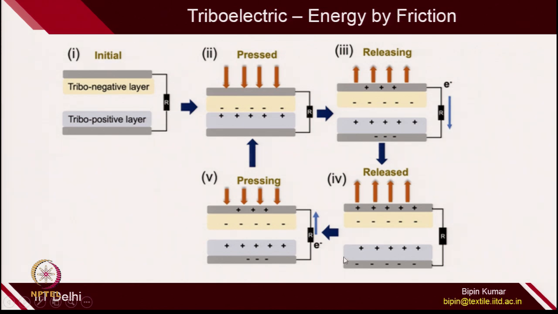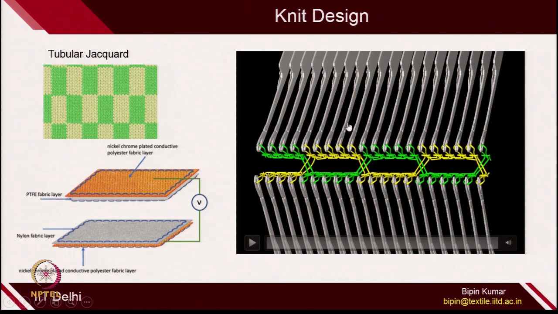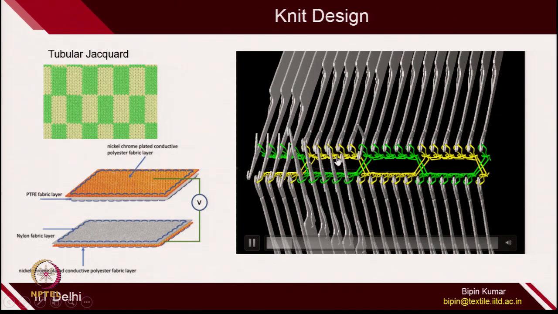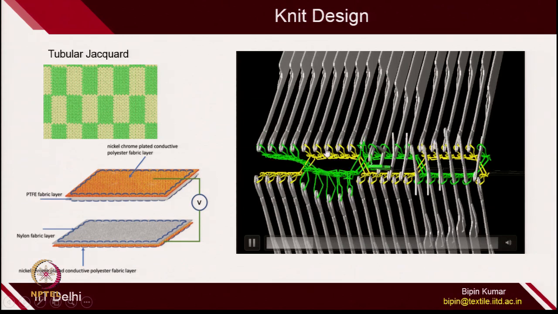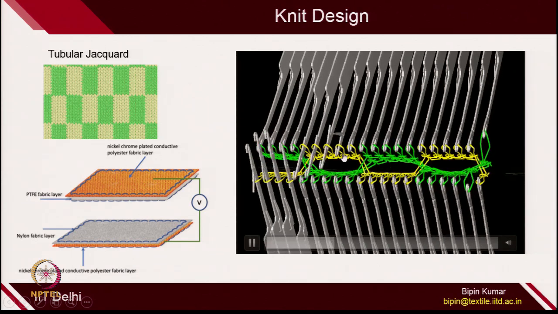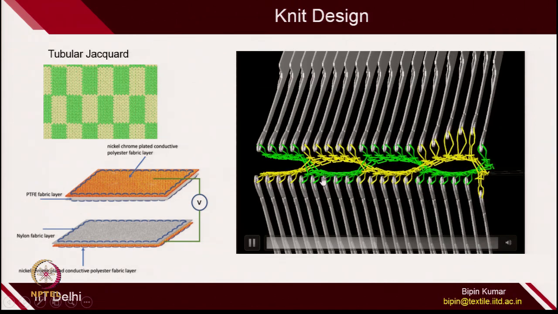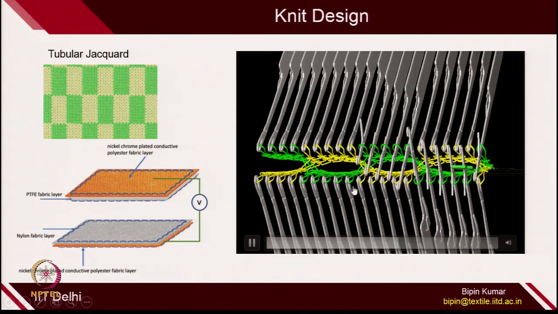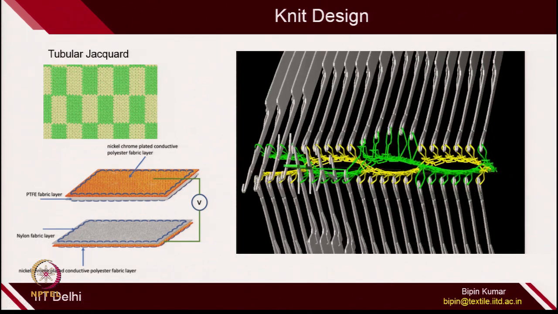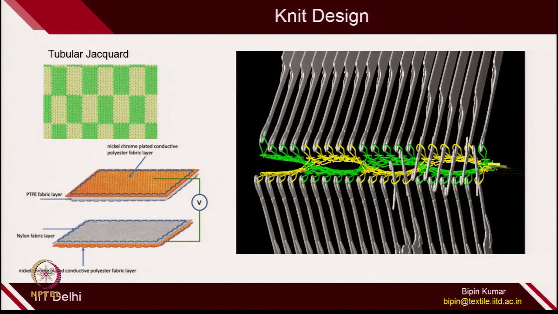In energy harvesting, knitting is also playing a very important role, especially tubular jacquard; I found some literature where tubular jacquard is actually used. There are two types of materials: you can say this yellow one is the triboelectric positive material, the green one is the triboelectric negative material, and they are placed opposite to each other, and whenever pressure is applied the charge will be accumulated.